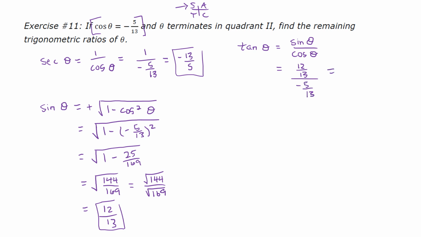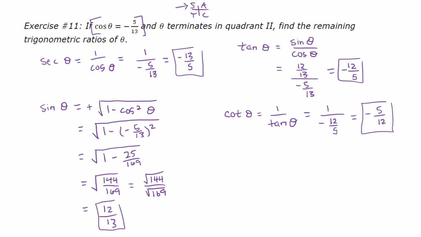So that means the tan of theta will be 12 over 5, and it will be negative. Okay. So we know the tangent of theta, so we can find the cotangent of theta using the reciprocal identity, because we know the cotangent of theta is 1 over the tan of theta. So that will be 1 over negative 12 over 5, which equals negative 5 over 12, the reciprocal.